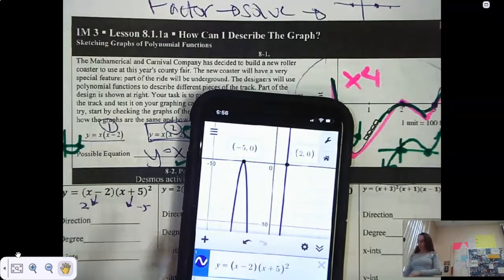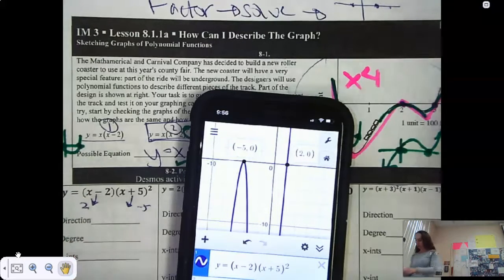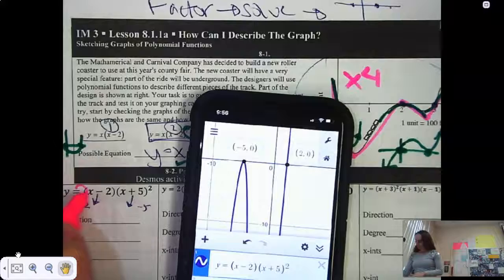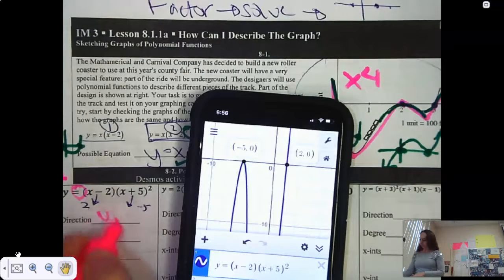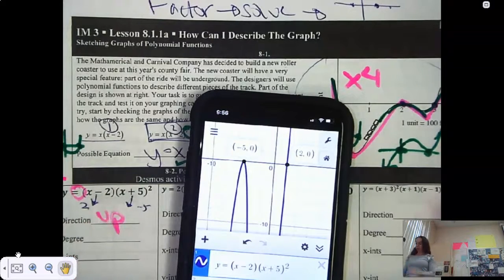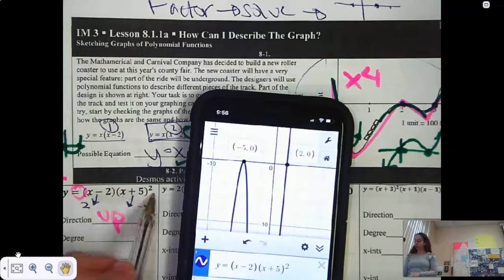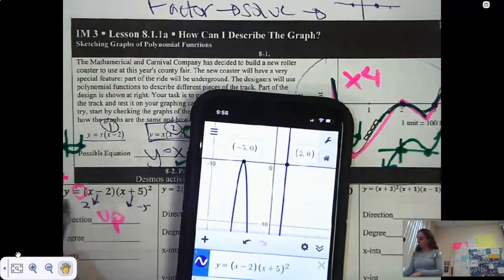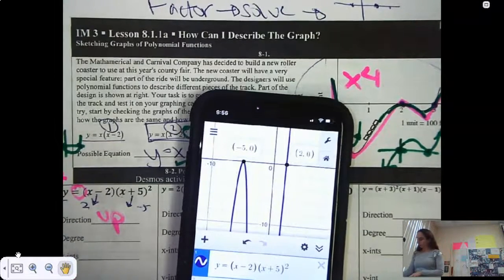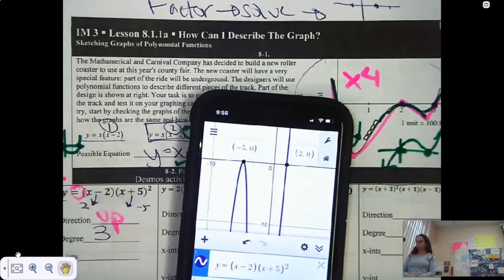And so the direction is up. This right here, because it's positive, is telling you it's up. The degree: there's one x here, and since this is squared, you have an x and an x squared. It's actually x cubed, which means it's degree 3.